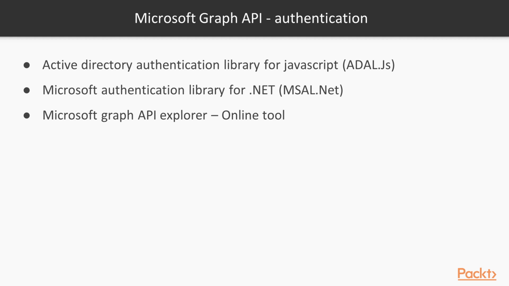It is an online tool in which you can test your REST queries to the Graph API endpoint and see the JSON results which you would get. As a short demo, let us take a look at the Graph API Explorer and see what we can come up with in terms of queries.